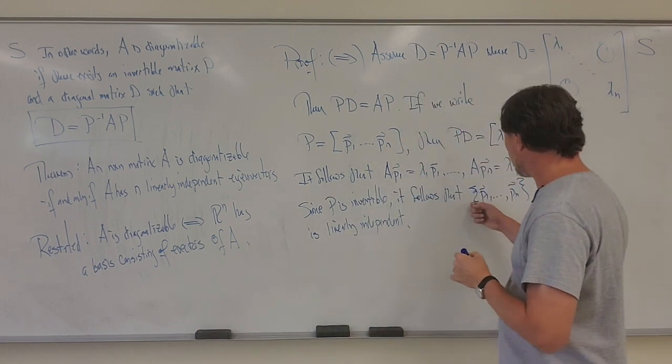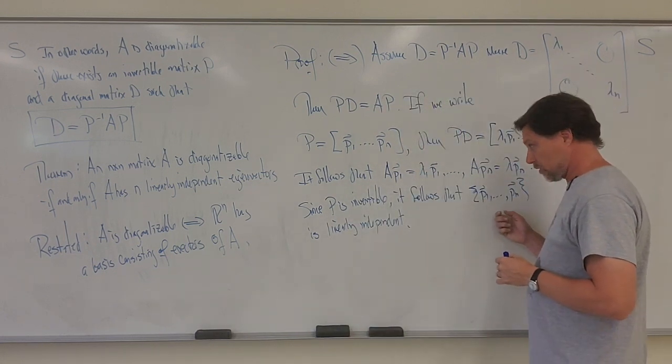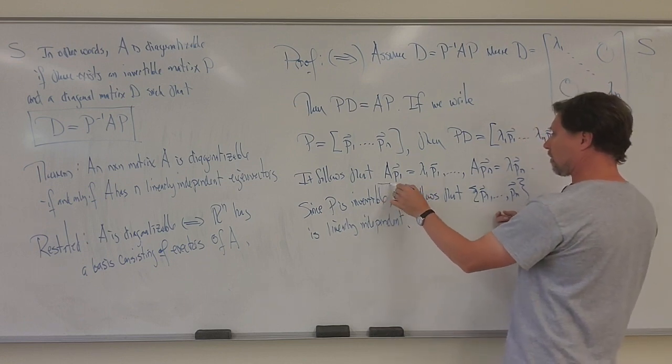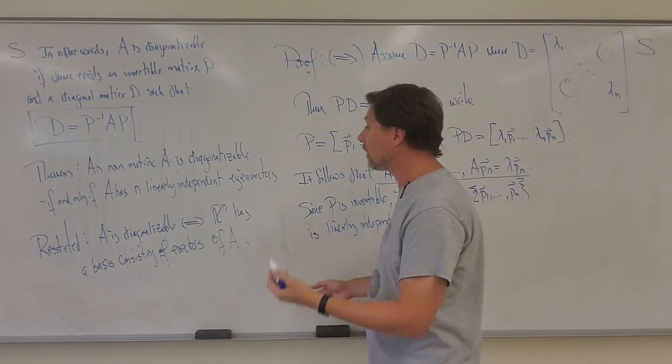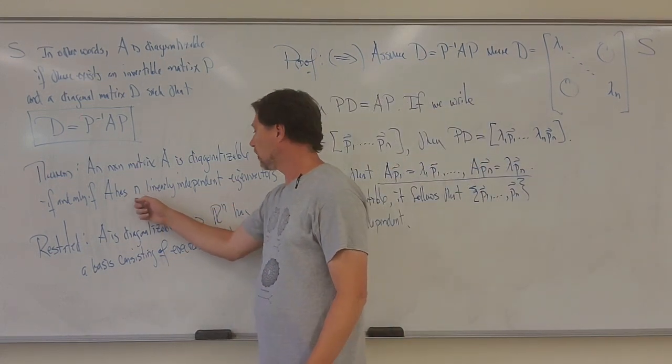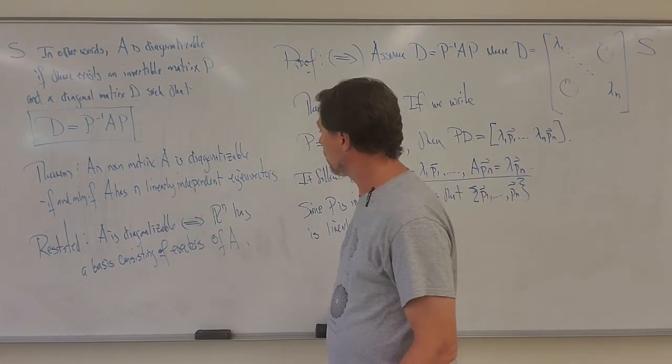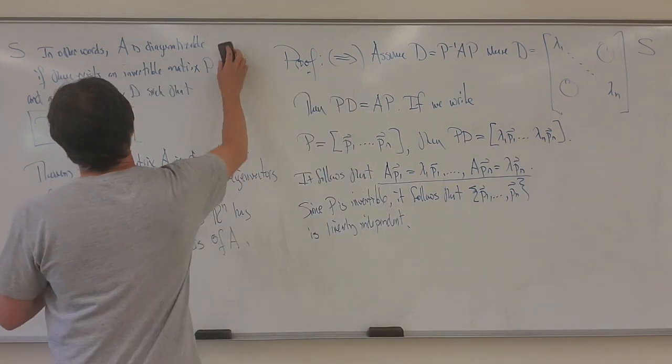So we've got a linearly independent collection of vectors, and this line right there shows that each one of those vectors is an eigenvector. So what do we have? A linearly independent collection, n of them, n linearly independent eigenvectors. Okay, so there's the forward direction. Now we want to look at the reverse direction.